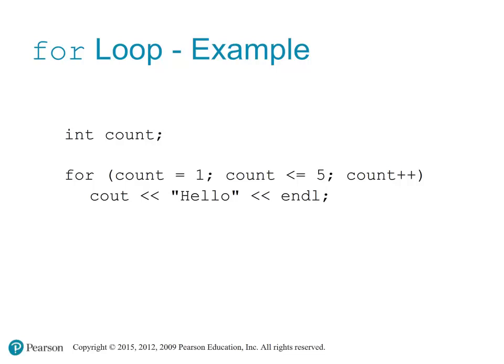The loop body contains a cout statement that prints hello followed by a new line. The loop control variable count is incremented by 1 at the end of each iteration. This ensures that the loop will terminate after 5 iterations. The output will be the word hello printed 5 times, each on a new line.